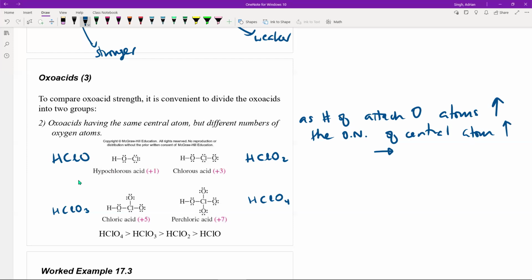Again, it's going to attract those electrons to itself more closely, and again, it'll make that OH bond more polar, leading to that H plus being lost more easily in the case of the perchloric acid compared to the hypochlorous acid, where this OH bond is not as polar. Right, so as the number of attached oxygen atoms increases, the oxidation number of the central atom goes up, and that leads to a stronger acid. So out of these 4, the perchloric acid is the strongest, and then the hypochlorous acid is the weakest.